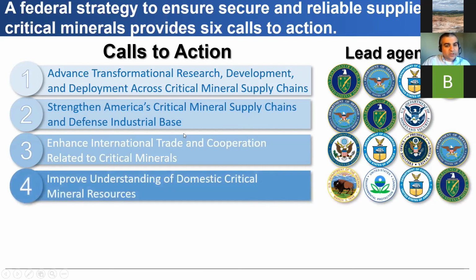Department of Interior, where USGS sits, is really focused on call to action 4. This includes improving our understanding of domestic critical mineral resources. It includes the work that I just showed you in terms of updating and refining the methodology for the critical minerals list. It also includes a lot of other initiatives.